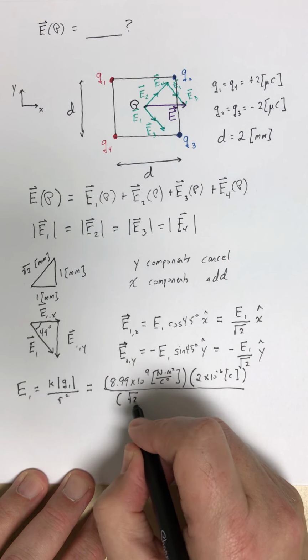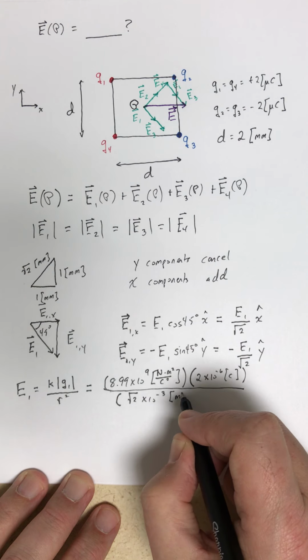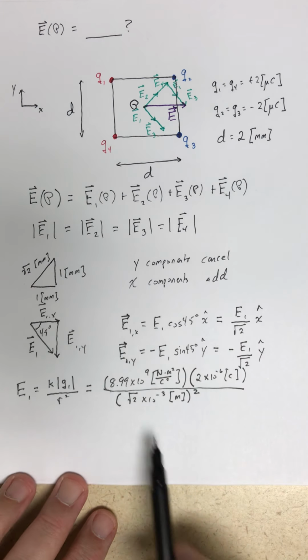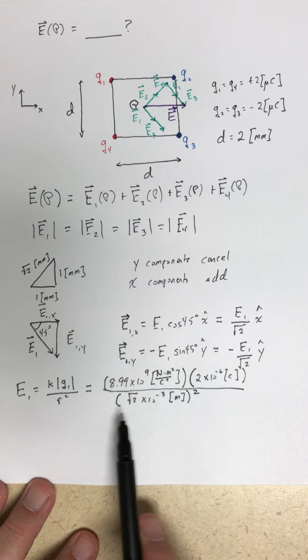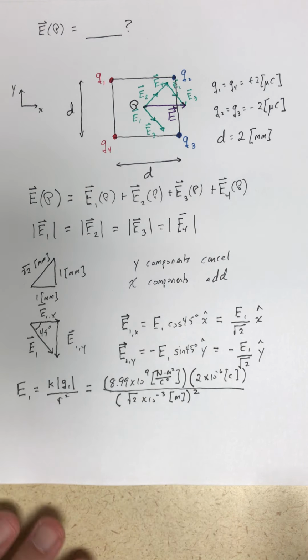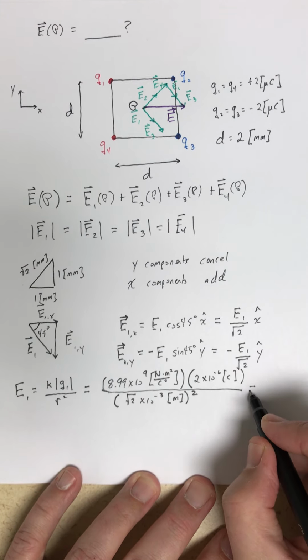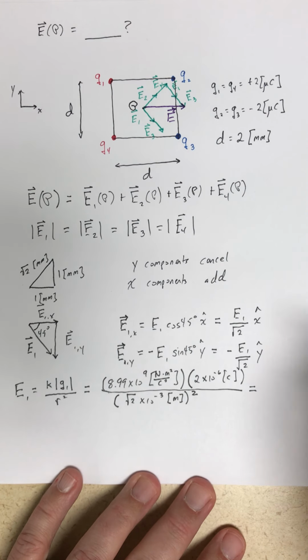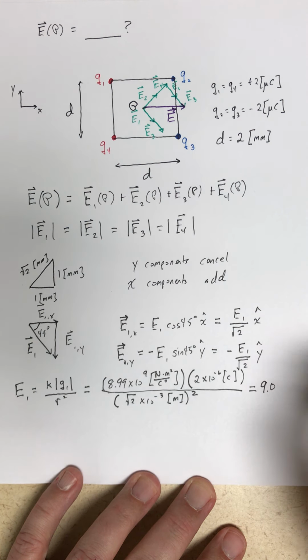So it's going to be root 2 times 10 to the minus 3 meters, quantity squared. So in terms of numerical value, I'm going to have a 2 times 10 to the minus 6 in the numerator. Once I square this, it's also going to be 2 times 10 to the minus 6 in the denominator, so those cancel out. So I sort of picked this problem to have a cute value. So if I keep just 2 digits in this, the electric field strength caused by one of the charges is going to be 9.0 times 10 to the 9th newtons per coulomb.